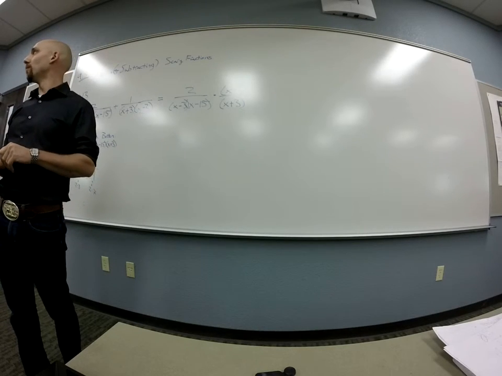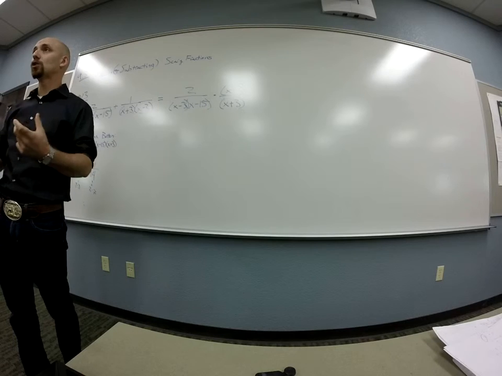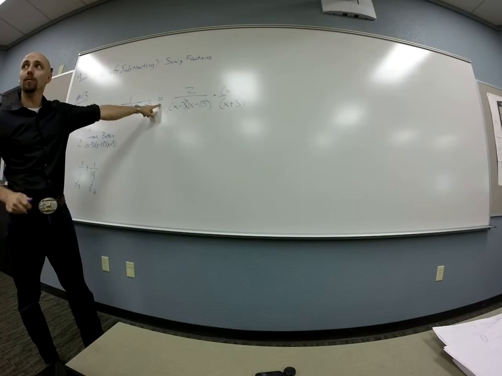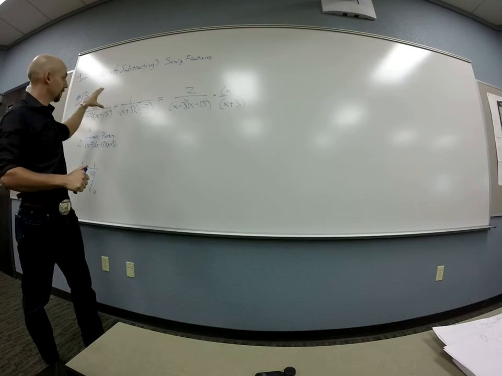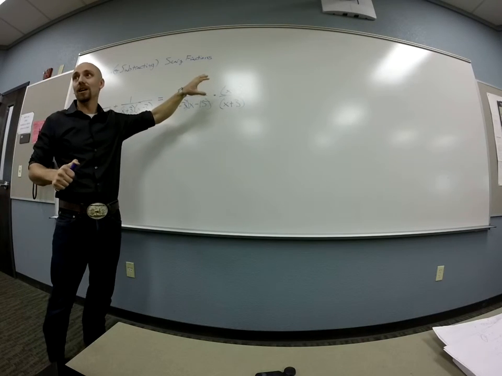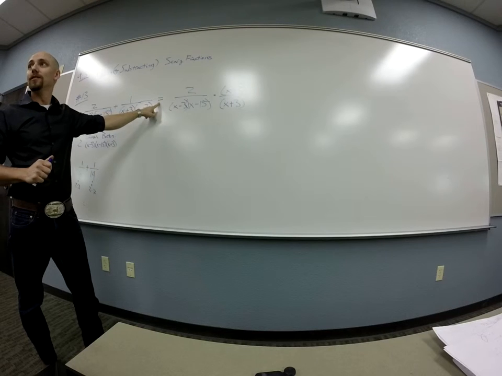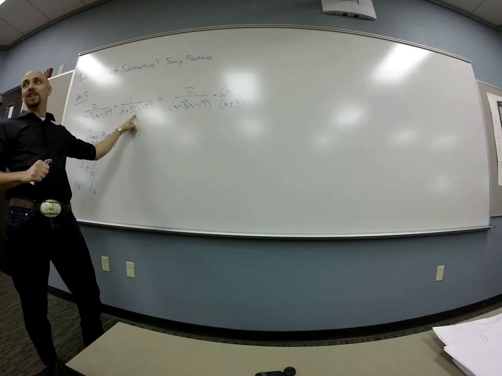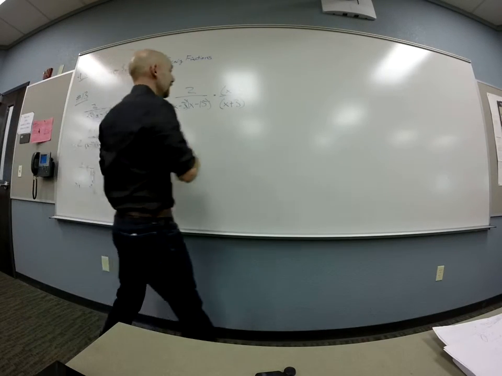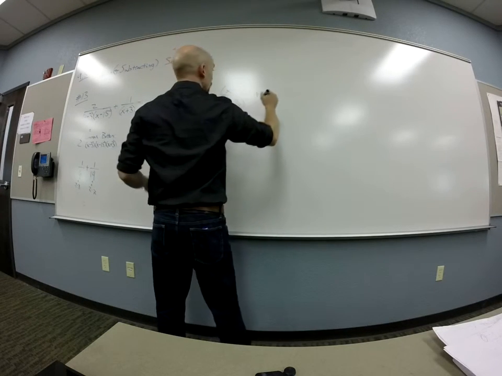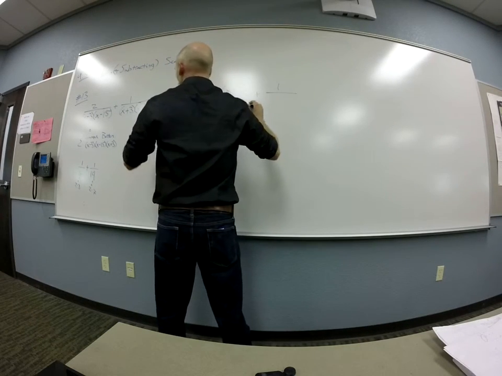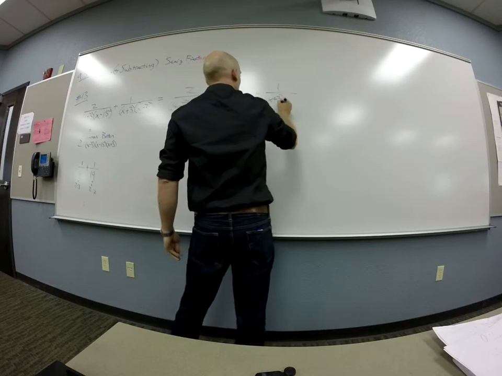I can't change things, right? I can change their form, but I don't want to change the actual equality, otherwise this symbol would not match. I'm really saying this stuff over here is this stuff over here. And right now, this symbol's not true. You guys see that? Because I haven't done this piece yet. So I better do that piece. So I put a plus 1 over, let's see, we leave that stuff alone.